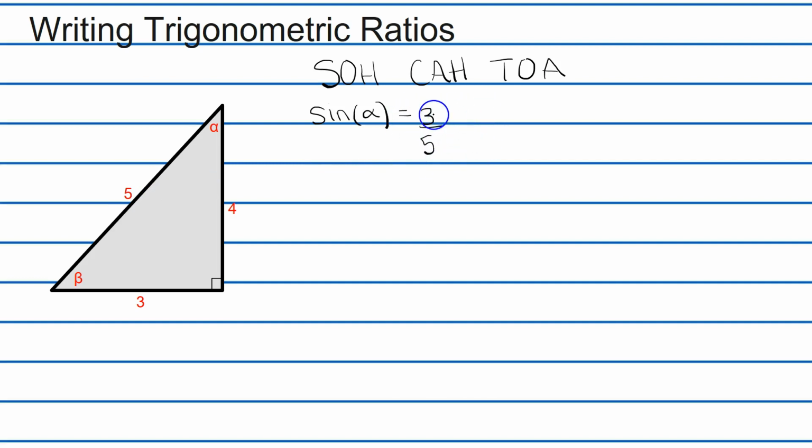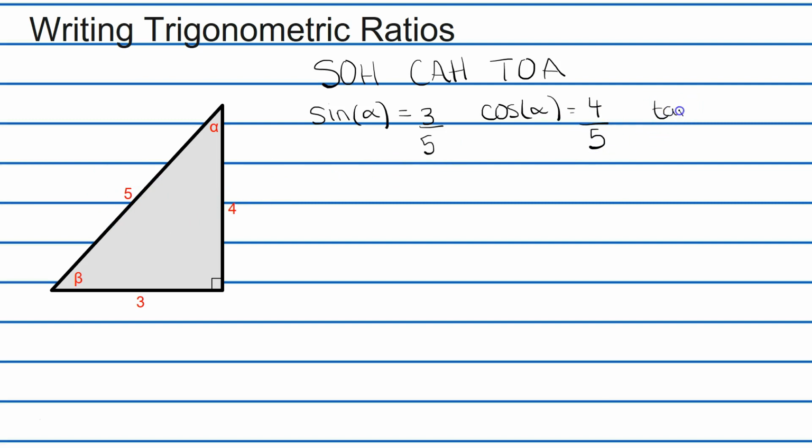And you can divide that if you wanted to get an actual number as a decimal. Let's say we want to find cosine alpha. That says adjacent, so that'd be 4 divided by the hypotenuse, which is 5.